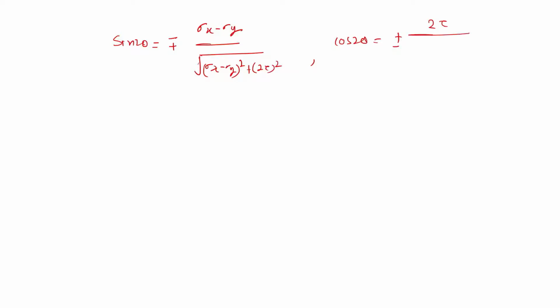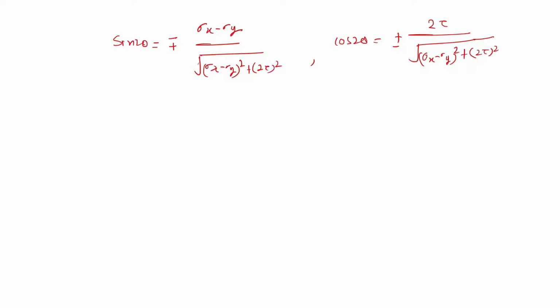So sin 2 theta is equal to minus plus (sigma x minus sigma y) over under root (sigma x minus sigma y) whole square plus (2 tau) whole square, and cos 2 theta is equal to plus minus 2 tau over under root of (sigma x minus sigma y) whole square plus (2 tau) whole square.